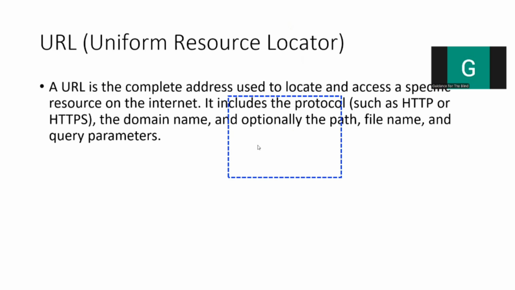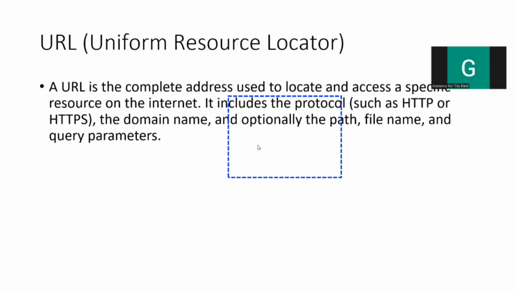So URL is basically the link of any particular website. The full form of URL is Uniform Resource Locator. To give you an example, you could search for guidance for the blind 5.wordpress.com, and this is the exact link that would take you to the guidance for the blind website.